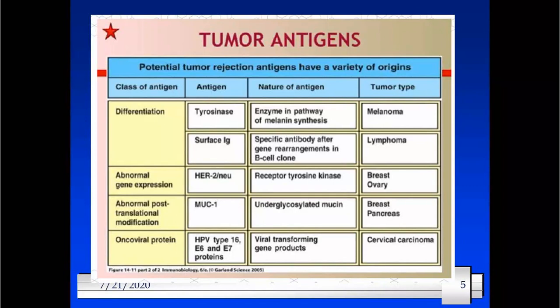Another class is the abnormal post-translational modification, which is the MUC1 protein of breast and pancreatic cancer. We have the fourth class of tumor antigens, oncoviral proteins, such as human papilloma virus 16, E6 and E7 proteins. These are present in cervical carcinoma.